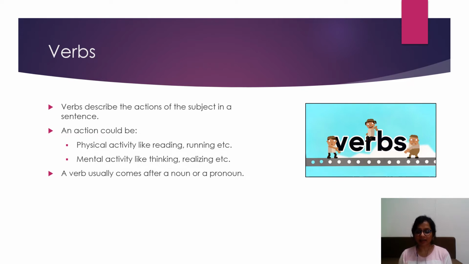All these are actions. Now, if you think about it, any sentence that we speak or write will be incomplete if it does not have a verb which describes what the subject of the sentence is doing.